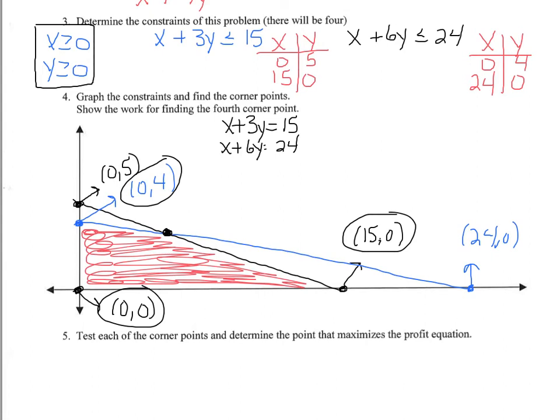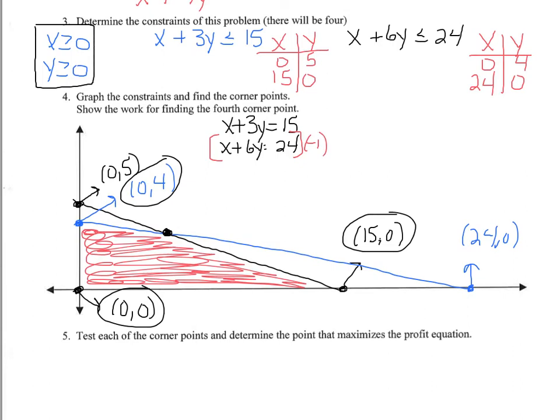I'm going to have to solve this using the elimination method or the substitution method. If I choose to eliminate the x's, I'm going to multiply one of the equations by -1. If I want to eliminate the y's, I'd have to multiply the top equation by -2. I'm going to choose to multiply the bottom equation by -1 just because.